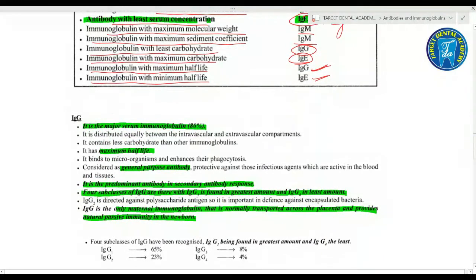Now the various types of immunoglobulins, starting with IgG.